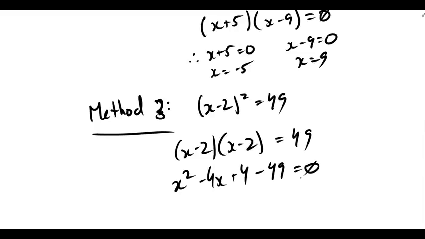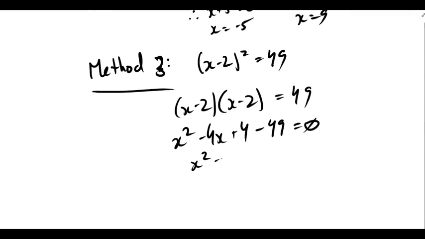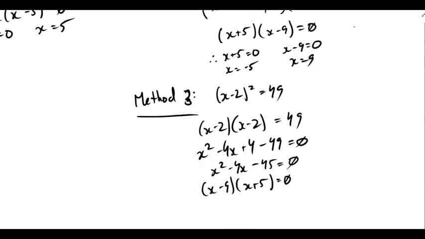Expand, simplify, move everything to the left. x squared minus 4x, and 4 minus 49 is negative 45. Simple trinomial, just go ahead and factor: x minus 9, x plus 5. Notice that that is exactly the same as what we got here. And so then the rest would look identical.